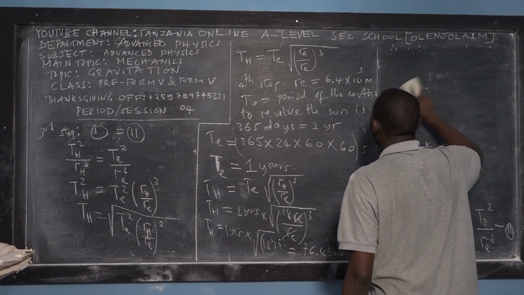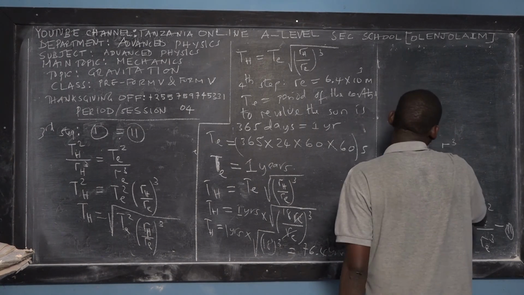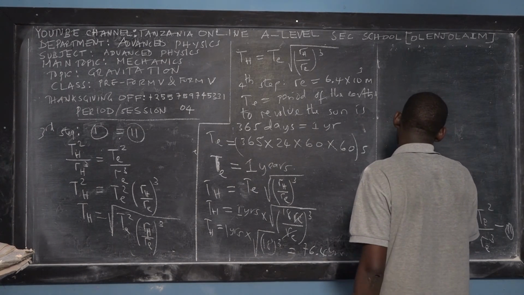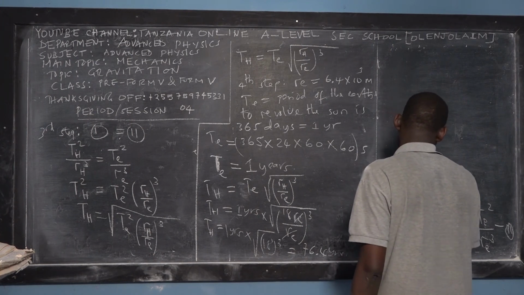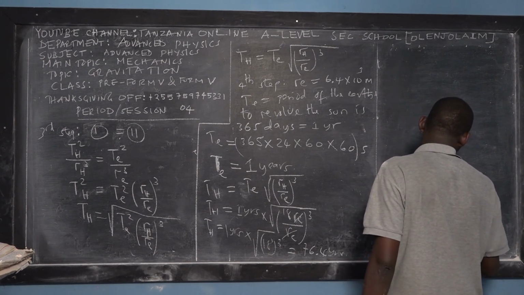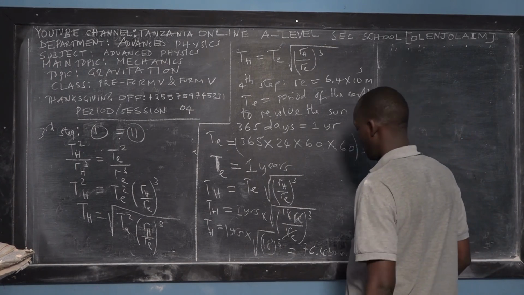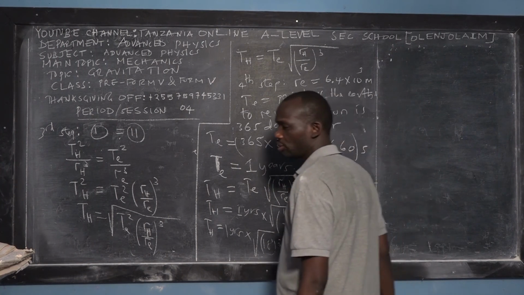So the year had to evolve until it finishes, and then waiting for the time when the comet will complete this motion. So therefore we say that, because the question was asking what?